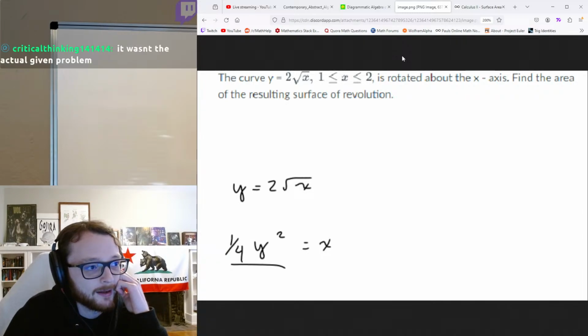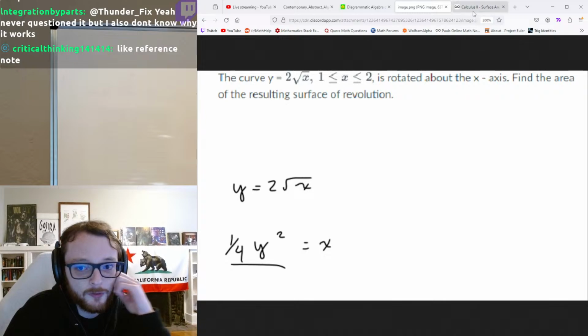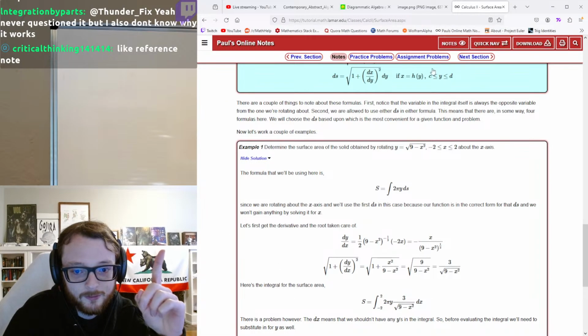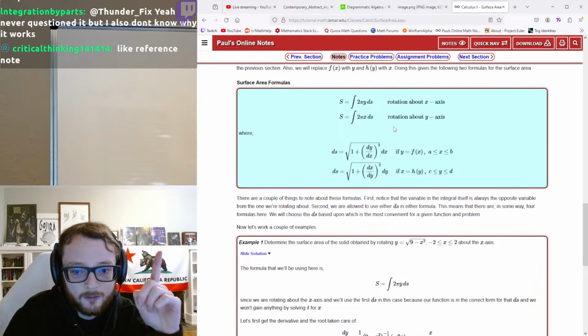Sorry, I said it wasn't given, but wherever this did come from, if you're rotating about the x-axis, your integral is in terms of x.